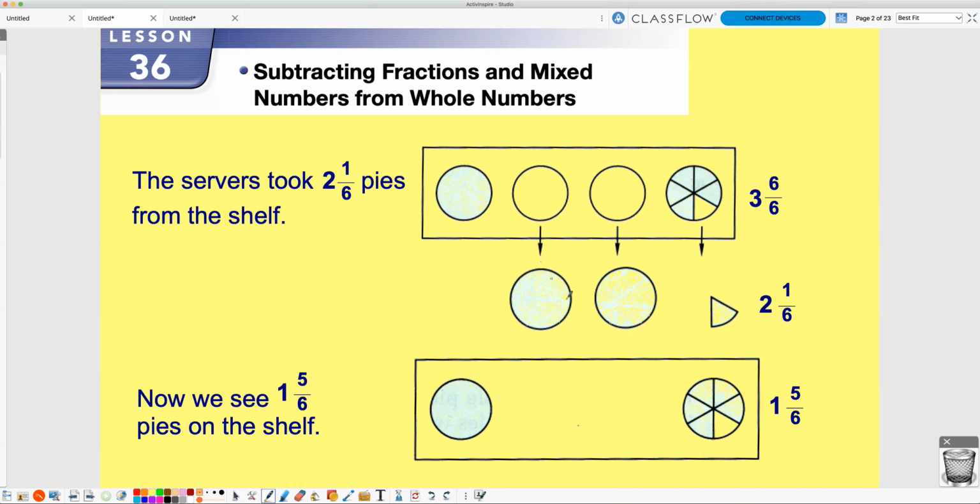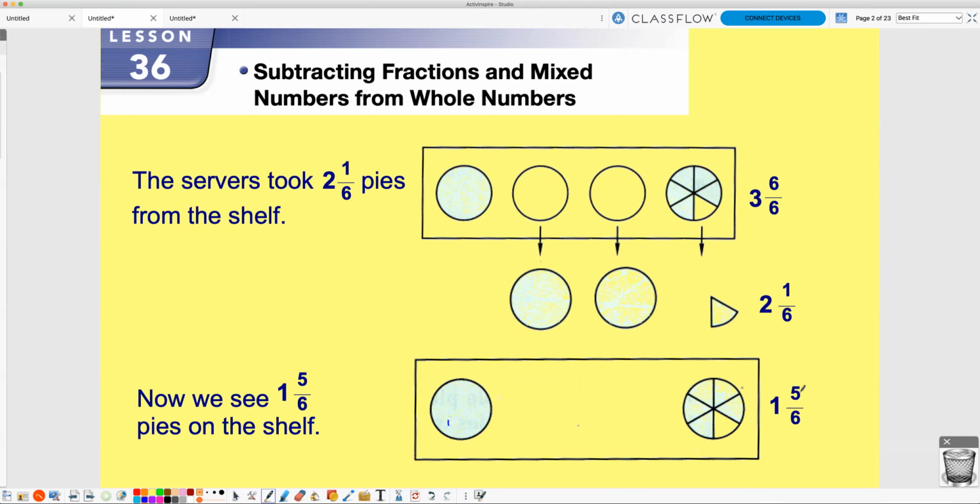So that means we had at least 12 slices here and 13 slices in total were taken off of the shelf. Now that you've seen that picture, you can also see that there is a remaining 1 whole pie, and 1, 2, 3, 4, 5 of those pieces from the original whole pie here that was sliced into 6 equal parts.